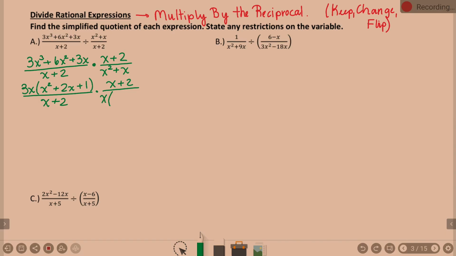X squared divided by x is x, plus x divided by x is 1. So x times x plus 1. We're almost done, but go back and grab that other piece in the numerator of the first fraction. So 3x was already there. What about x squared plus 2x plus 1?